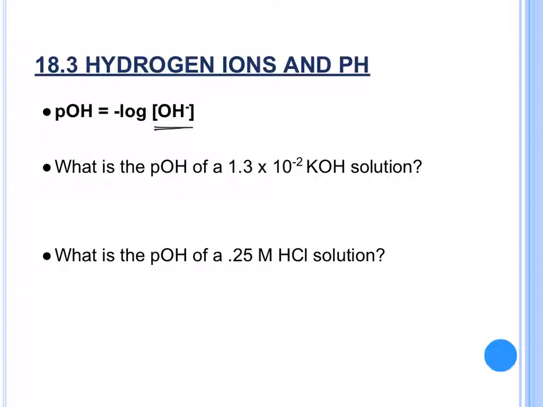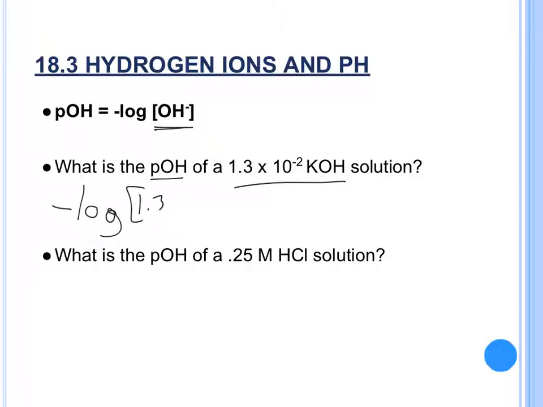So what is the pOH of that same 1.3 times 10 to the negative 2 concentration KOH solution? Well, since we have the OH and we're looking for the pOH, we can just take the negative log of that concentration. We don't have to find the hydrogen concentration because we're doing pOH instead of pH.